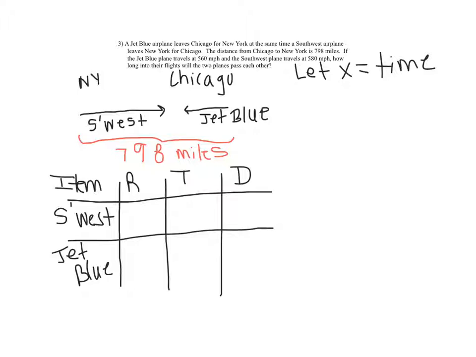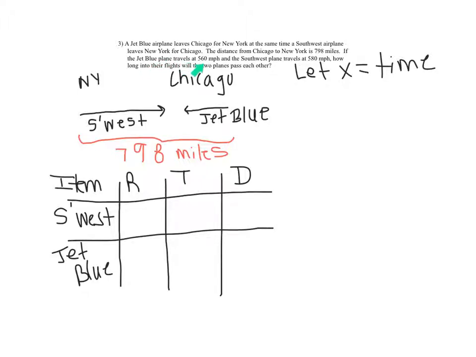The distance 798, we cannot put the 798 out here because they're not saying the Southwest plane actually flies 798 miles. The distance that plane goes plus the distance of JetBlue will equal the 798. We'll talk about that when we get ready for the equation.